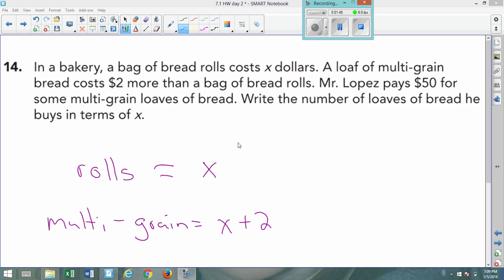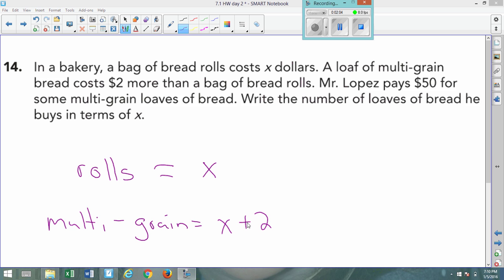And the multigrain costs $2 more than a bag of bread rolls, so we do X plus 2.